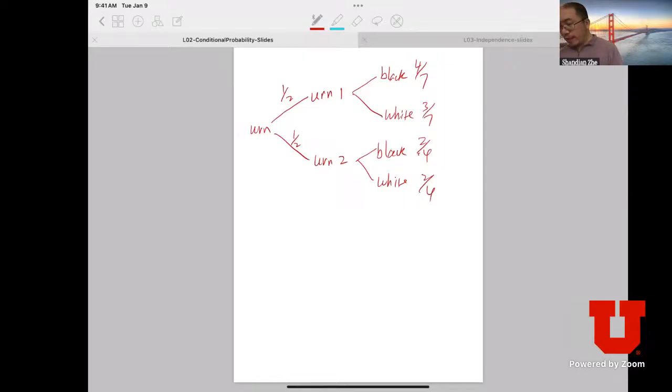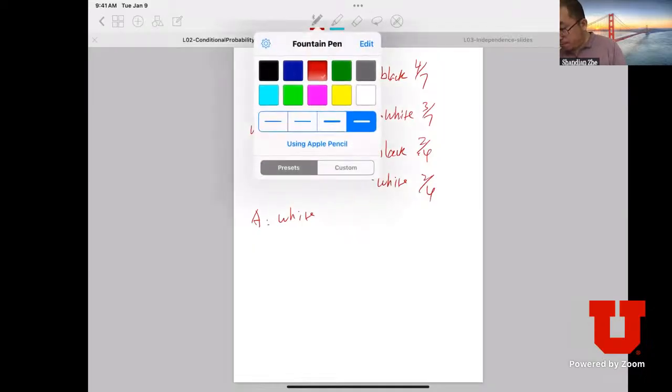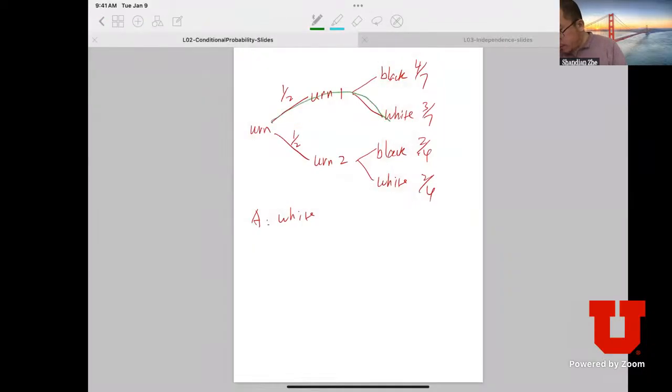So now our event A is that finally you select a white ball, no matter which path you follow, right? Then the probability would be to calculate the probability along every possible path and add them together. This will be the first path, you get a white ball.